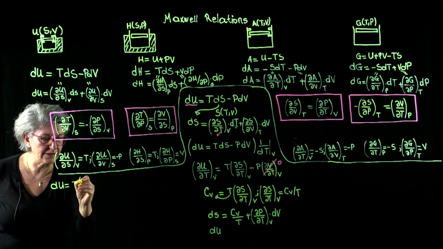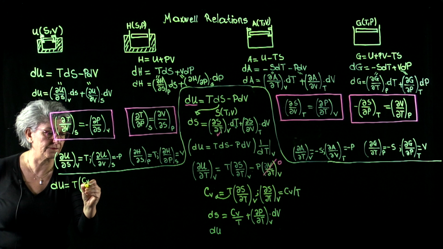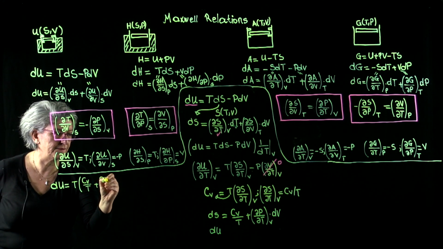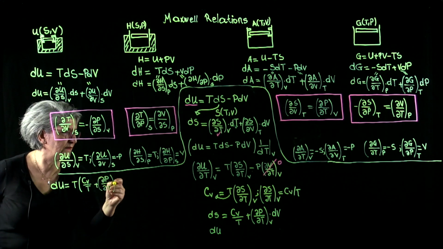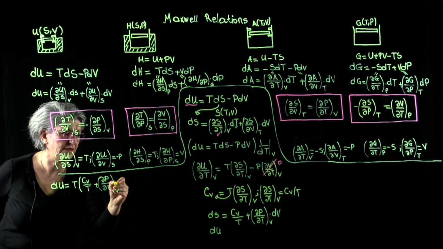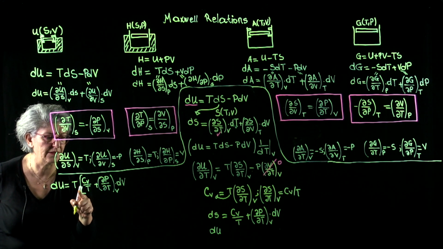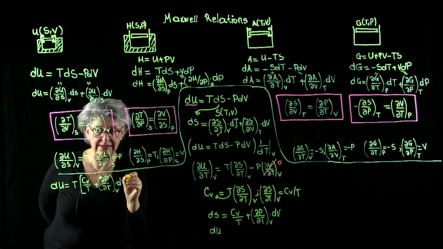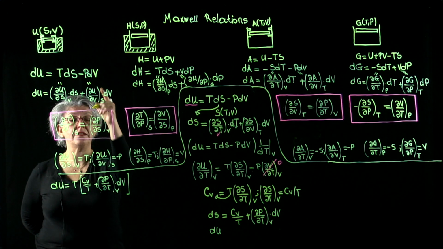T times this function, Cv over T plus del P over del T at constant V times dV. Let me just make this a square bracket. T dS, this is dS, minus P dV.